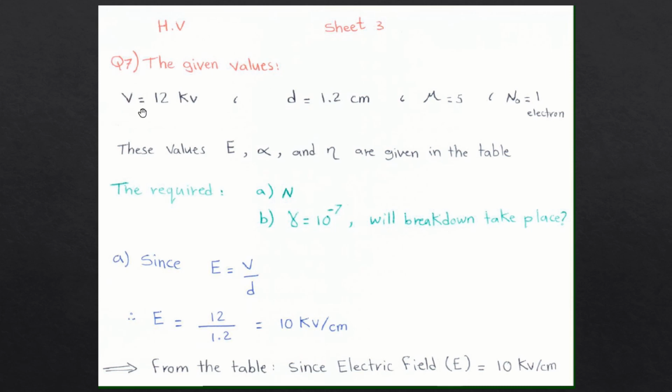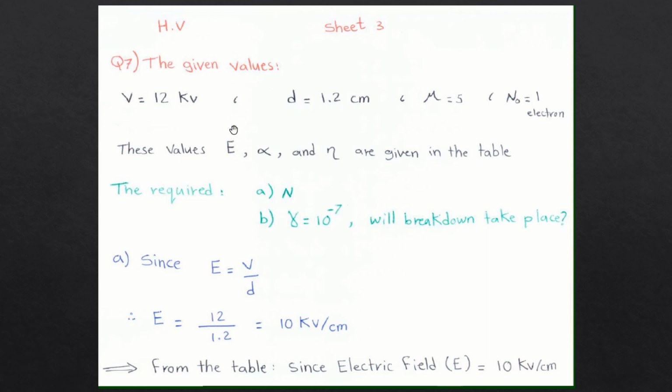So the voltage is given as 12 kilovolt, the distance is 1.2 centimeter, the photoionization is given as 5, and the number of electrons is 1 electron. The value of the electric field is given in the table, the value of the ionization is also given in the table, and also the attachment coefficient values are given in the table.